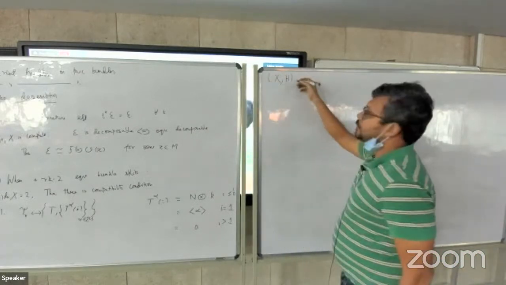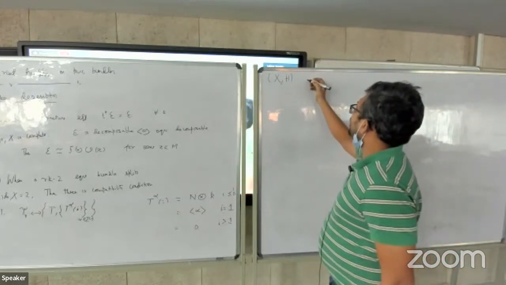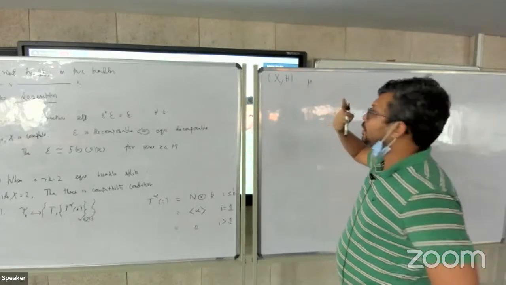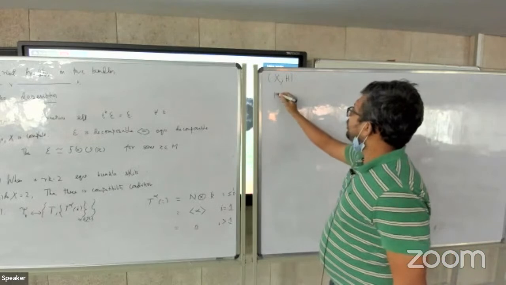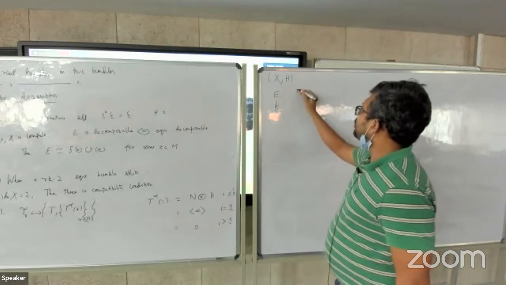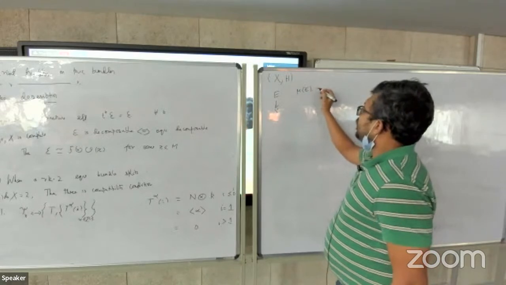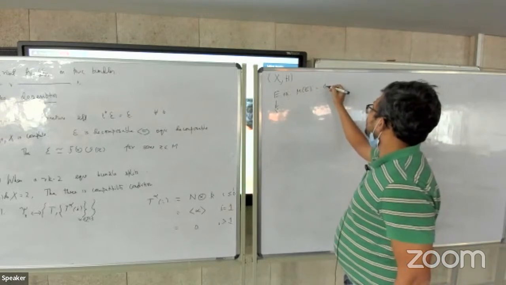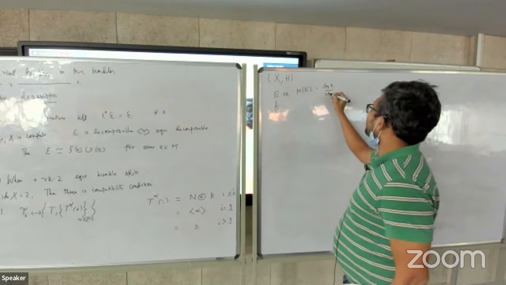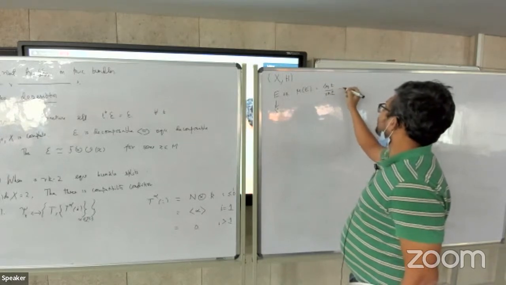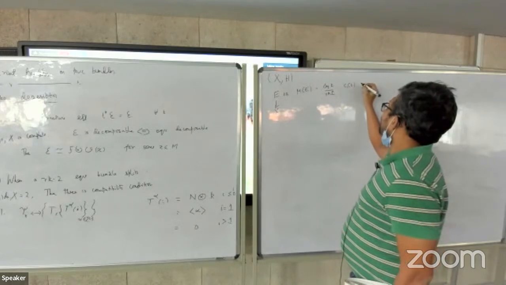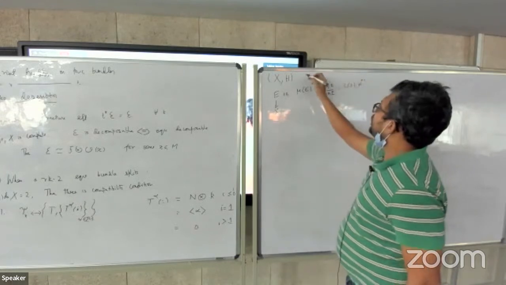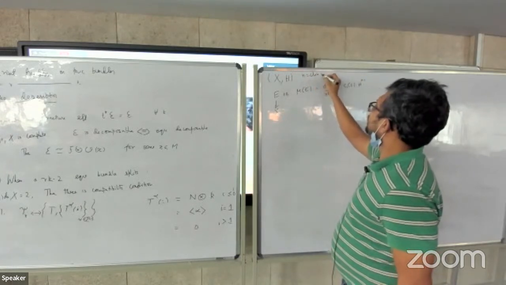X is smooth, H is a very ample line bundle or divisor. Then I am interested in slope stability. If I have a vector bundle E on X, then I define mu of E as the degree of E divided by the rank of E. This is nothing but c1 of E times H to the power n minus 1, where n is the dimension of X.